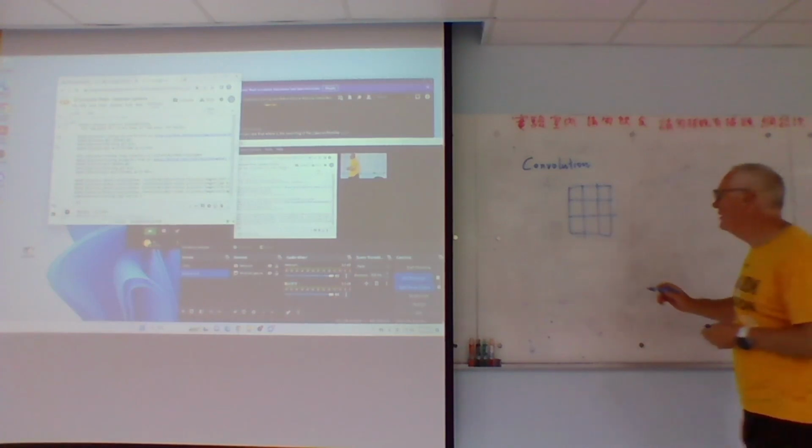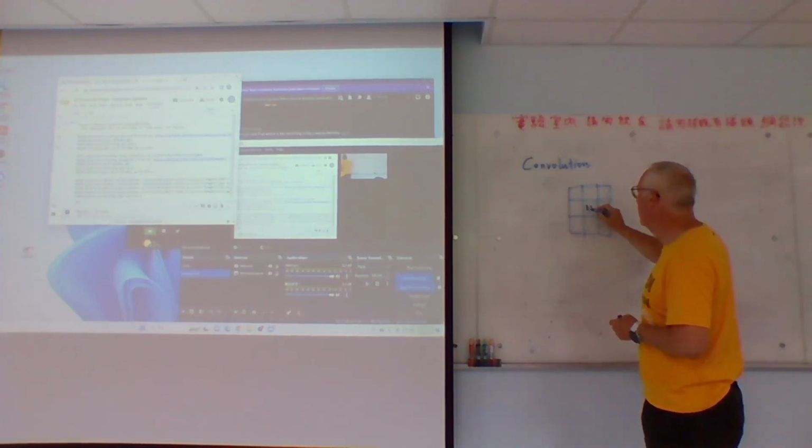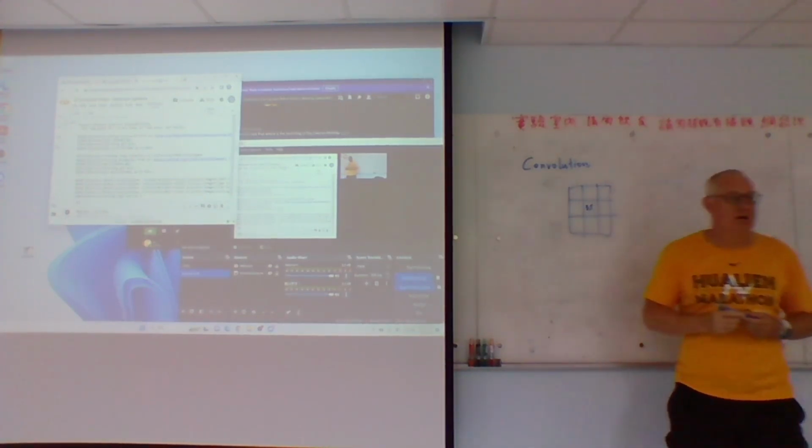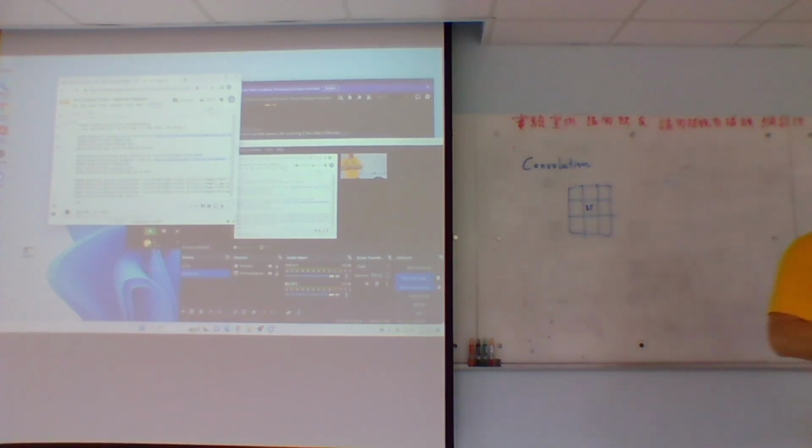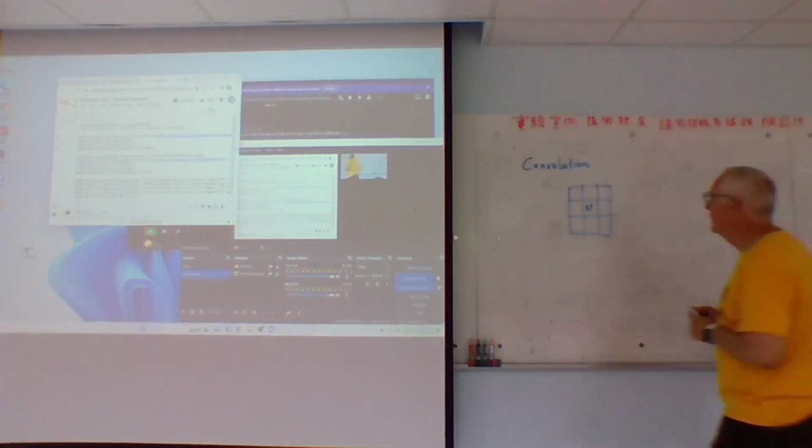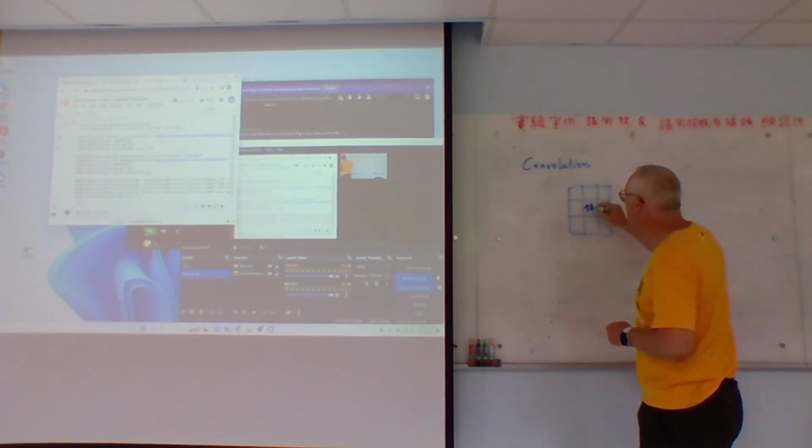Yeah. If everything is 0 except 0.5 here, then that means the brightness value of the pixel is going to be half. And if I want it brighter, then I could change this to a 1.2, for example.